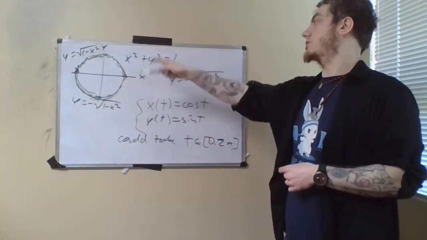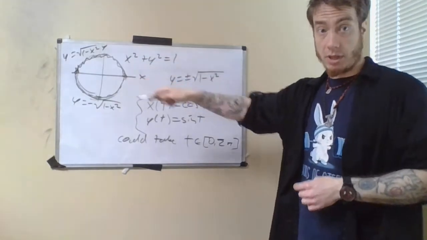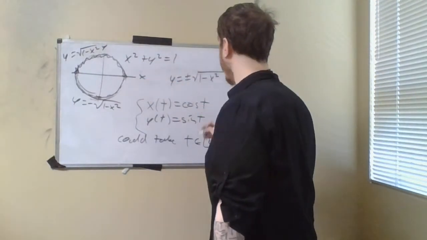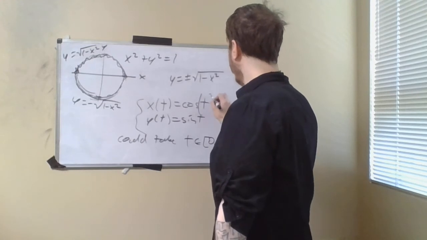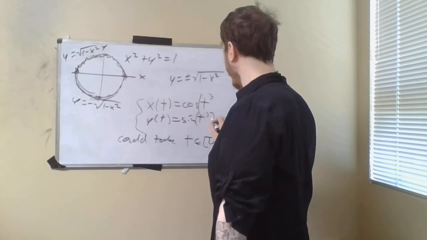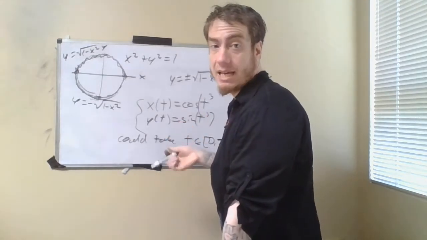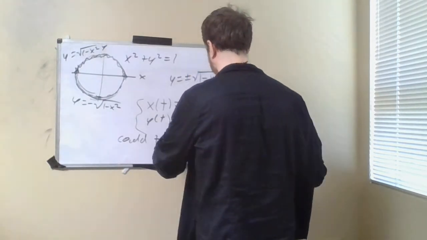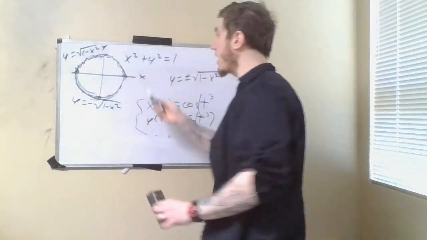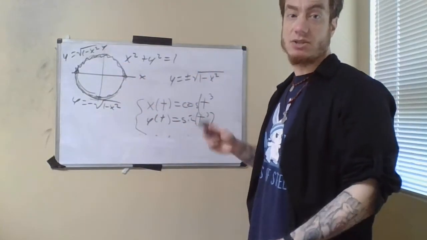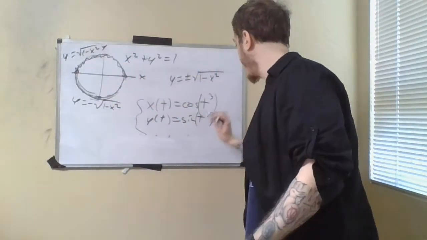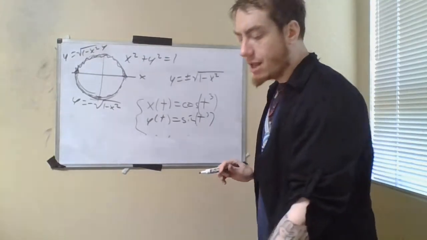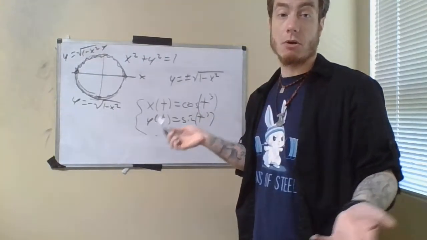Like if I just want to describe the circle in the plane, instead of doing cosine of t and sine of t, I could do cosine of t cubed and sine of t cubed, right? In that case, it doesn't really matter. I'd have to be more careful about my bounds, but if I'm literally just trying to describe this circle, then yeah, I do need my parentheses correct, but I can change the parameter around.